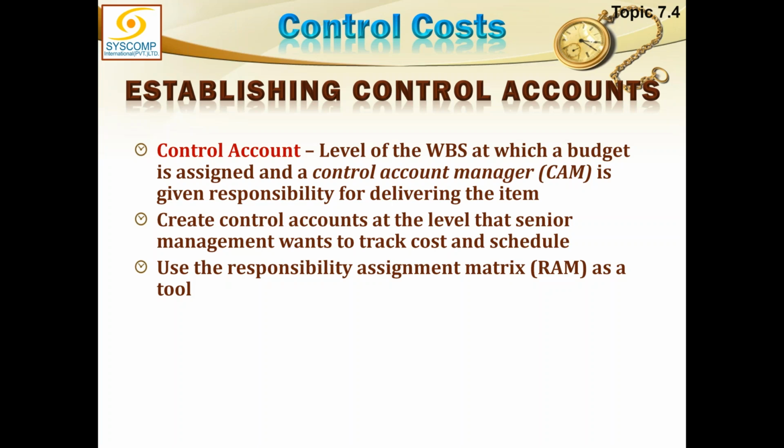So this control account manager must also be assigned according to the RAM. Who are the control account managers in the whole project? Which control account manager has been assigned from the organization? So the RAM is useful for assigning the responsibilities of these control account managers also.